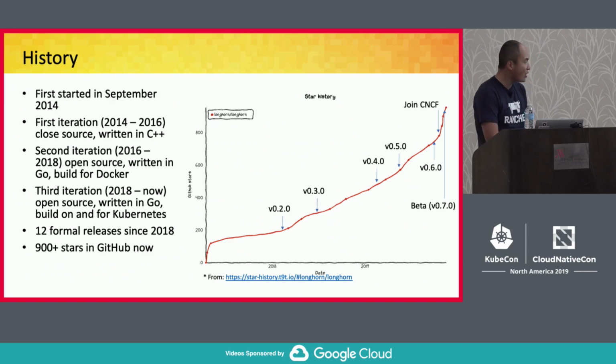On the second iteration, we decided to write Longhorn in Go, and in order to gain more traction in the community, we decided to build it from scratch and make it open source with the Apache 2 license. But at the time, Longhorn was built with Docker in mind. At the time, Kubernetes was basically competing with Mesosphere, Docker Swarm, and Rancher Cattle.